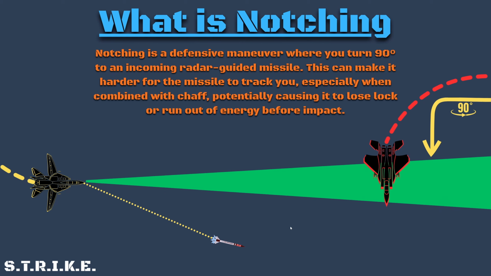On your RWR, you'll see the little missile pop up, the warning, maybe, depends on how new your RWR is, but it'll warn you, and you want to put that on the right or left side of your RWR, so you're 90 degrees, giving you the best chance to chaff and run this missile out of juice. Alright, let's move on to the next one though.